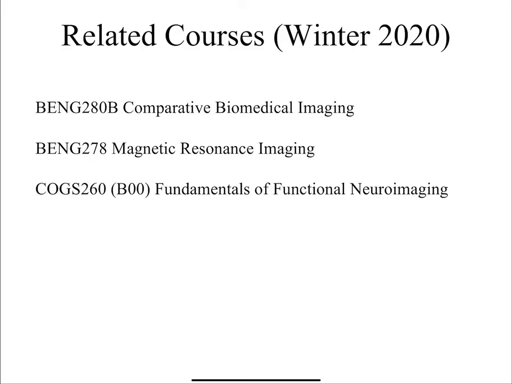And so it'll be a true 2-quarter sequence, which is going to be the basis of a new master's PhD program in medical imaging that the EE department has approved. So those of you interested could do that option. And bioengineering, I think, is going to approve a master's in medical imaging relatively soon as well. Those 280A and B will be the core classes, and they'll also have EE numbers if you want to take it as an EE course. So that's something that might be of interest to some of you.